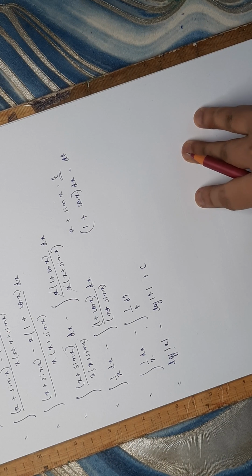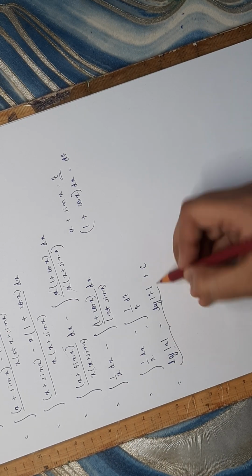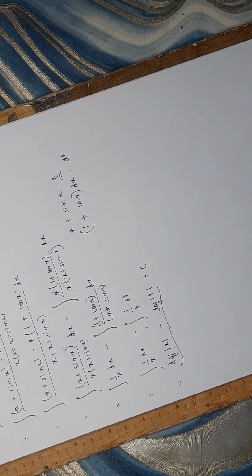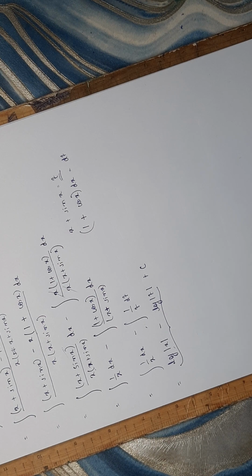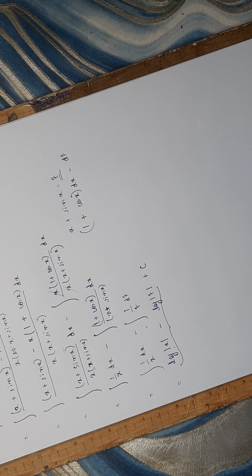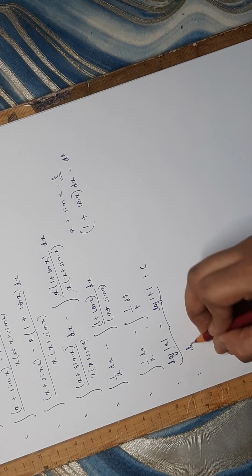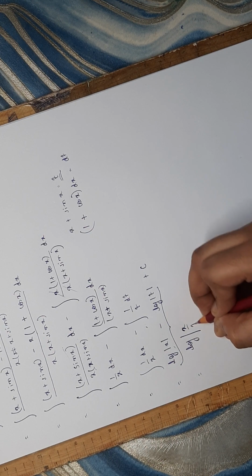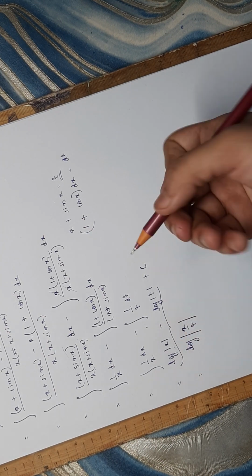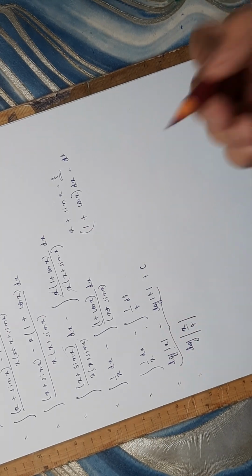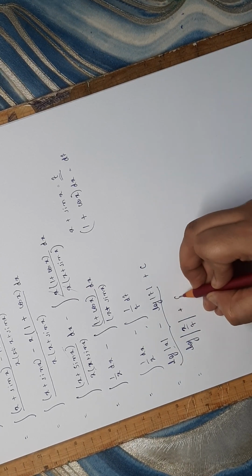Now here essentially, as I already told you about a log formula, log a minus log b is nothing but log of a by b. So simply you can write this as log of x by t, considering x to be a here and t to be b here, plus c.